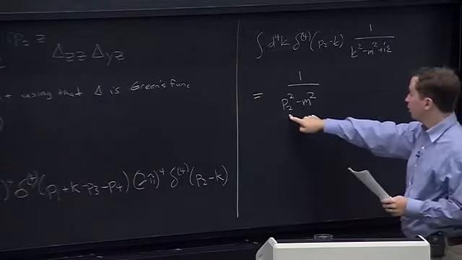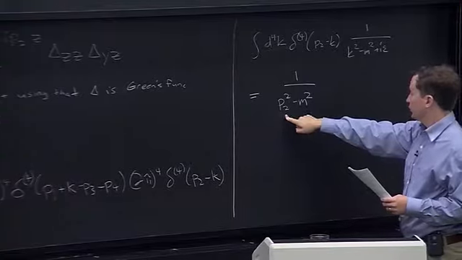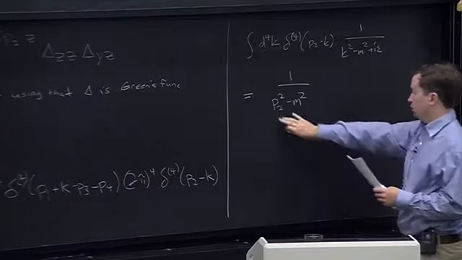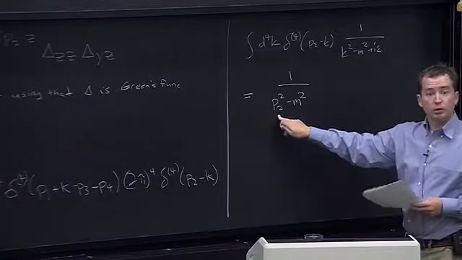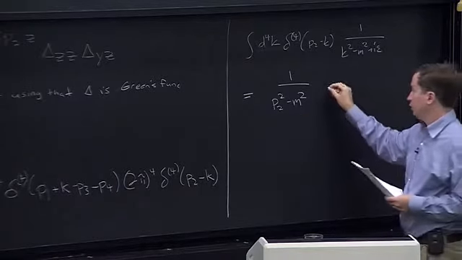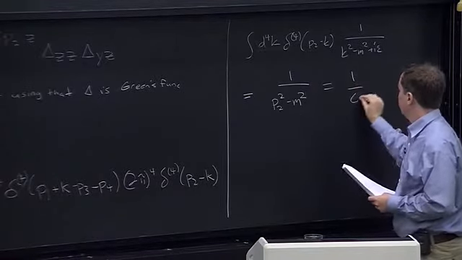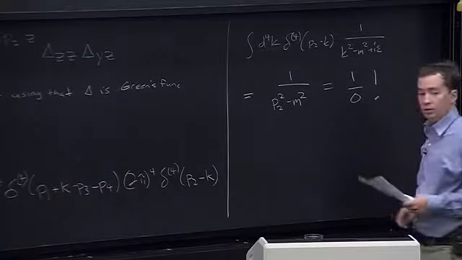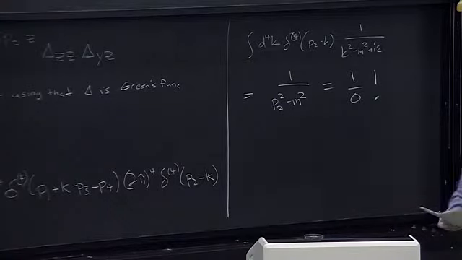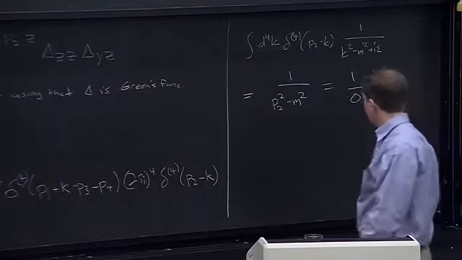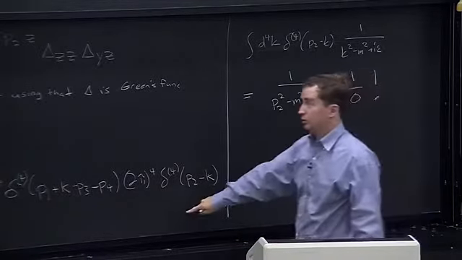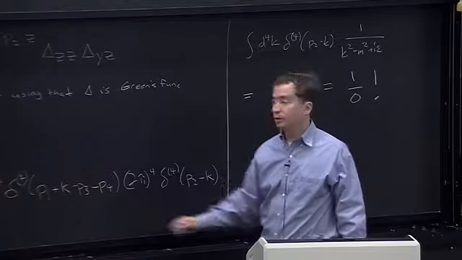So we just get 1 over p2 squared minus m squared, which, since p2 is an external particle, satisfies p2 squared equals m squared. So this is 1 over 0. That's bad. So we got a divergent contribution from this diagram.